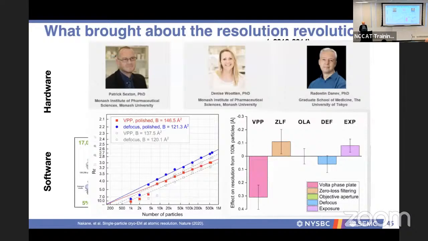But there have been thoughts on how do you push resolution, and something to prompt you when you go to do the screening practical is to understand that when you're going from screening to data collection, there are certain considerations.